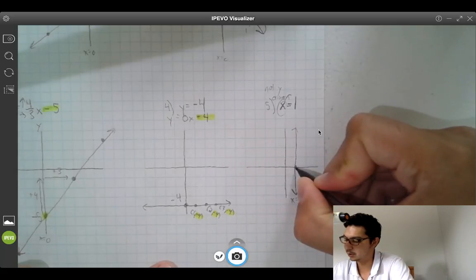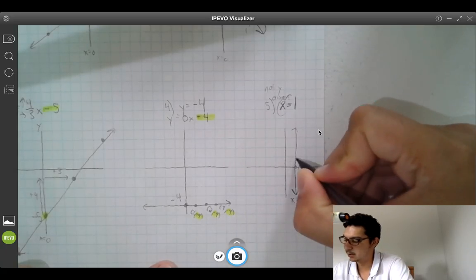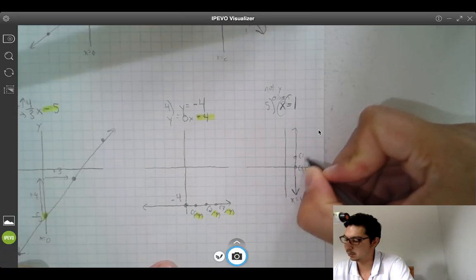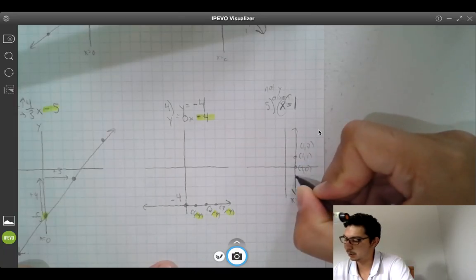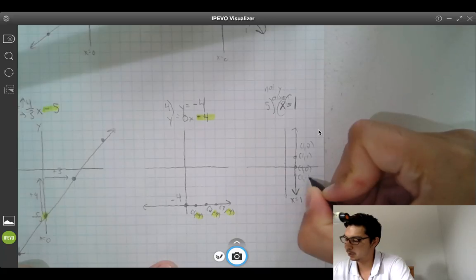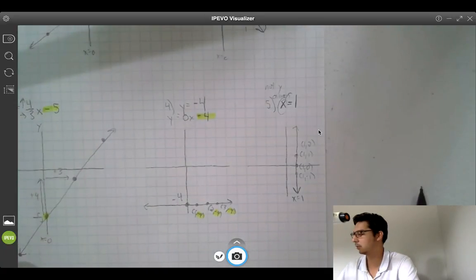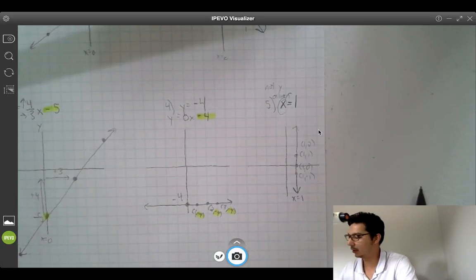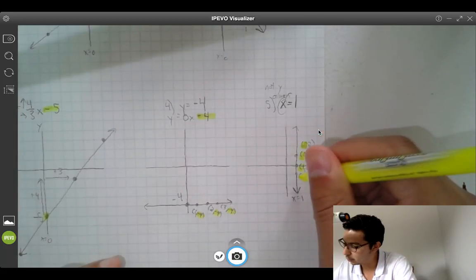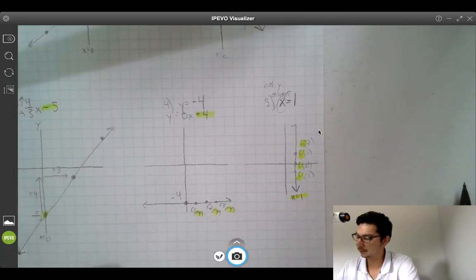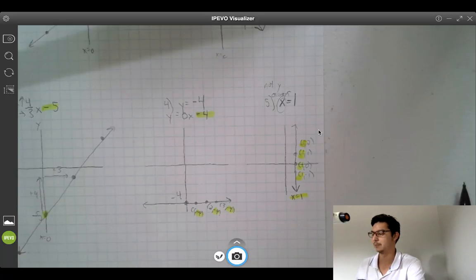So notice here's the point (1, 0). That would be the point right 1, up 1. That would be the point right 1, up 2. This would be the point right 1, down 1. And notice all those points, the x value is 1 in all those points. And you get a vertical line there.